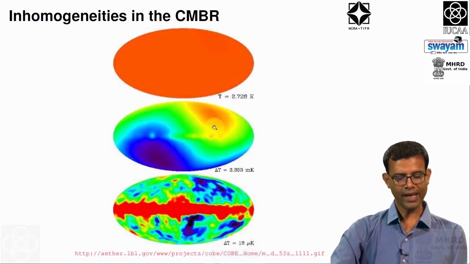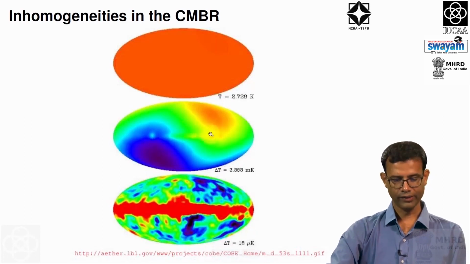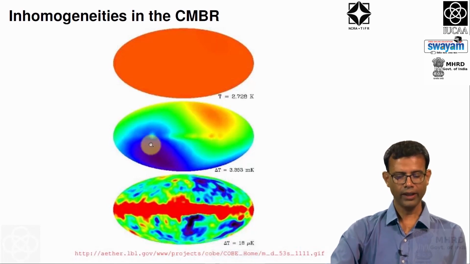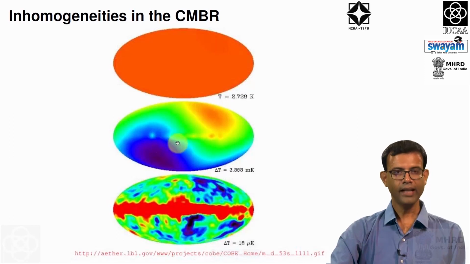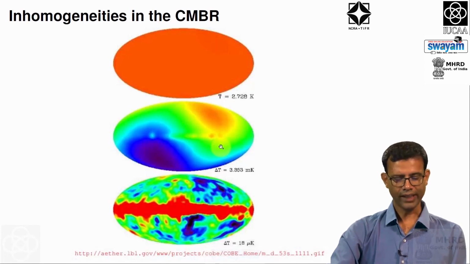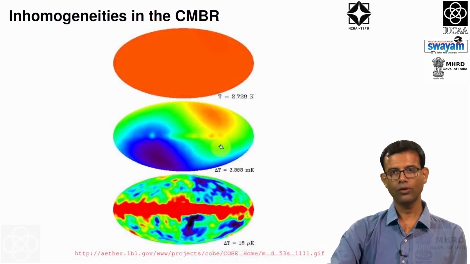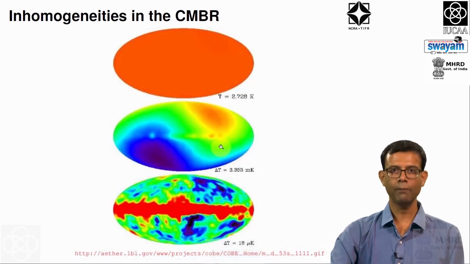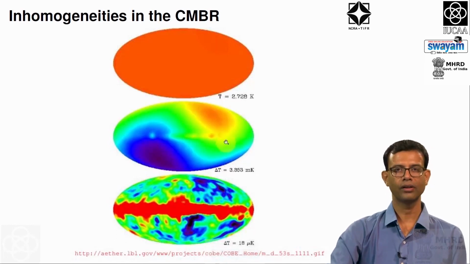Now, this has a dipolar pattern. It is just hotter in one direction and cooler in the opposite direction, and this is nothing but the fact that we, the observer, the earth, our frame of reference, is actually moving with respect to the cosmological reference frame in which the universe is isotropic.